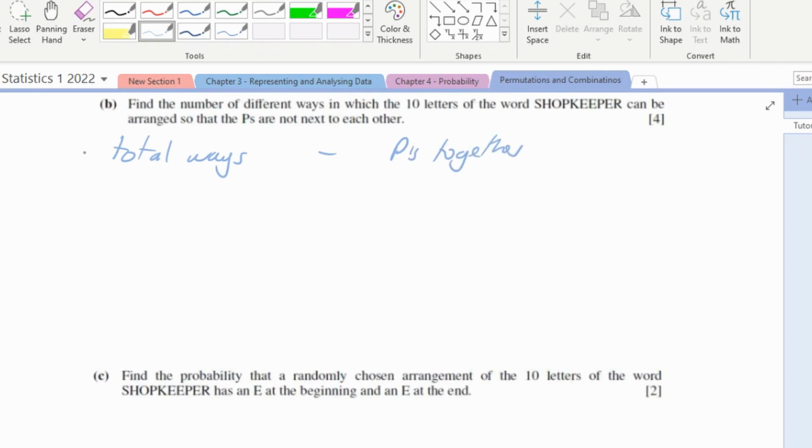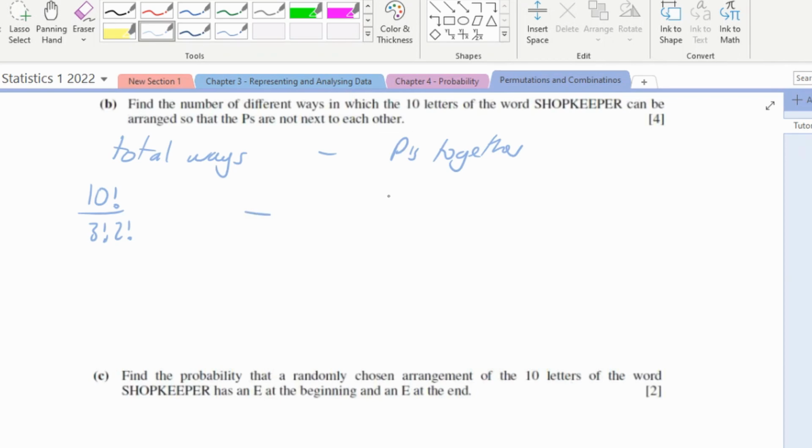How are we going to get total ways? 10 factorial, then 3 factorial, 2 factorial because 3 E's, 2 P's, perfect. And then we're going to subtract P's together.